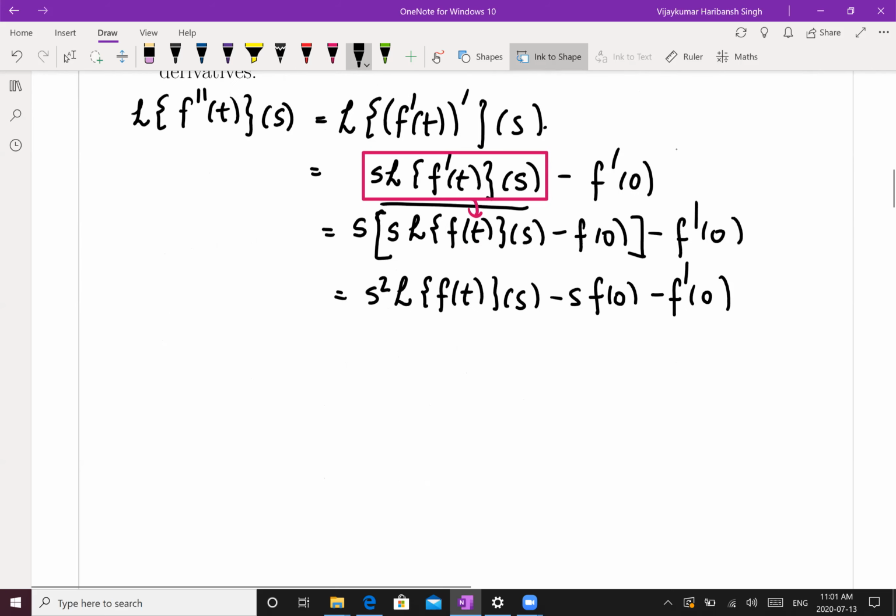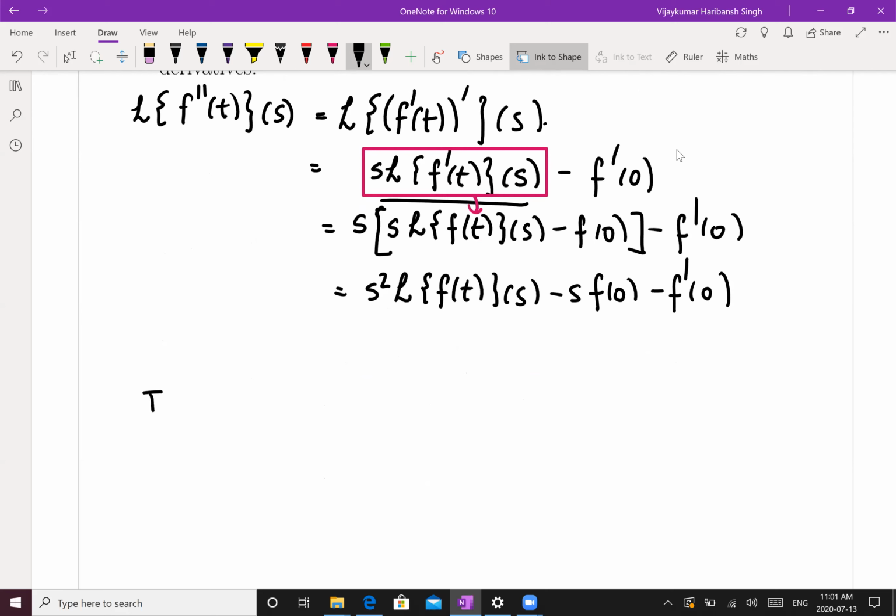Now try the third derivative, try applying prime to this to see the pattern.